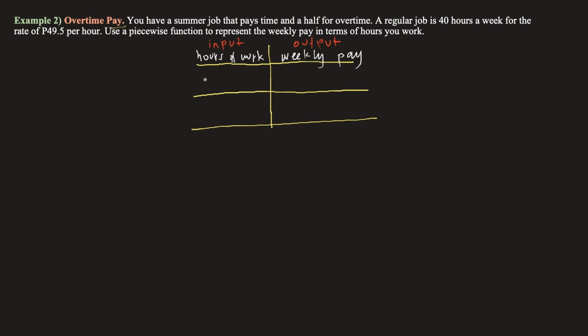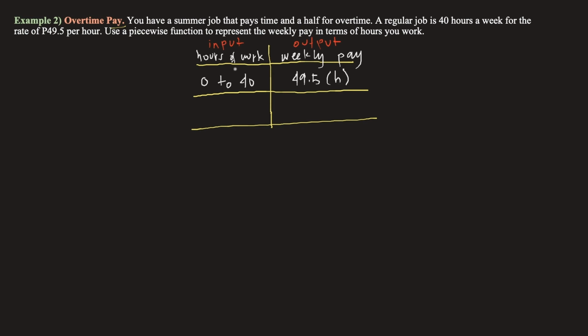So in the first condition, we have work from 0 to 40 hours. In that case, you will be paid 49 pesos and 50 cents for every hour of work without overtime.